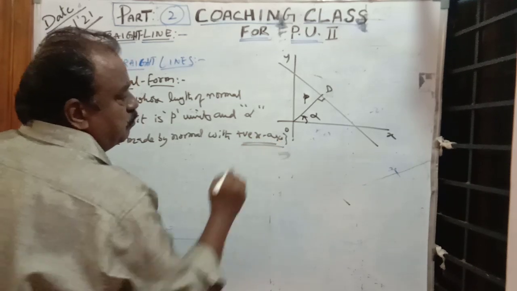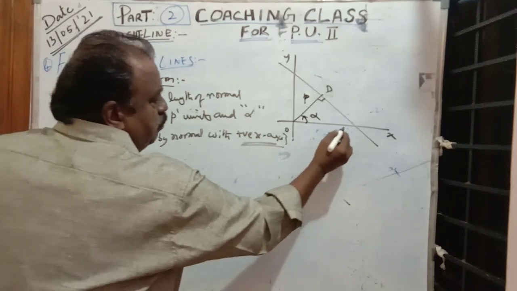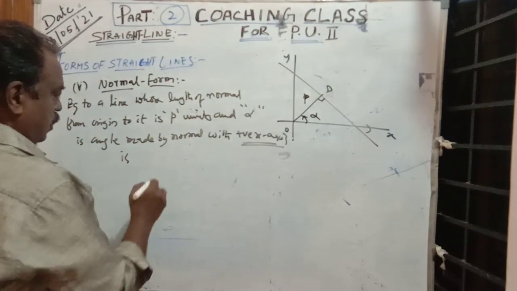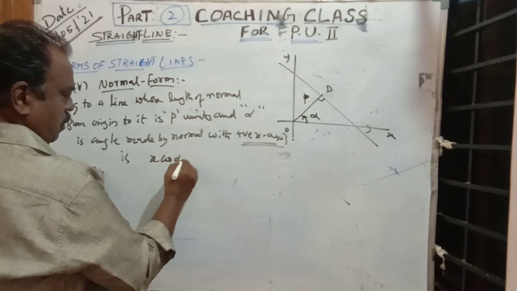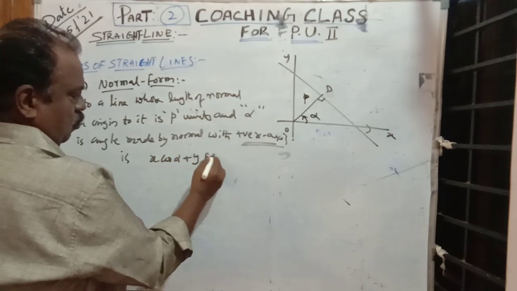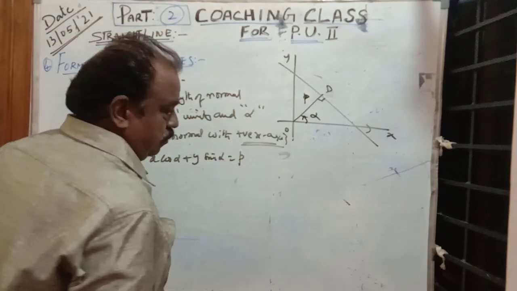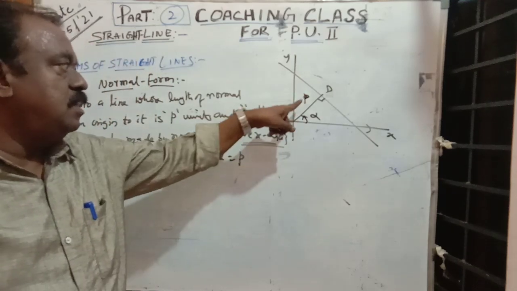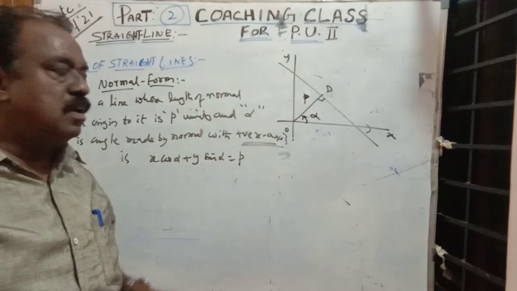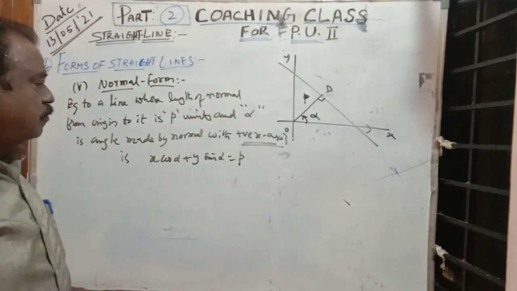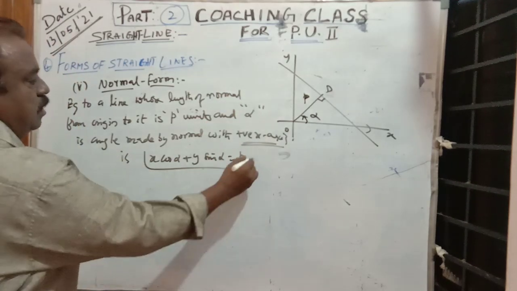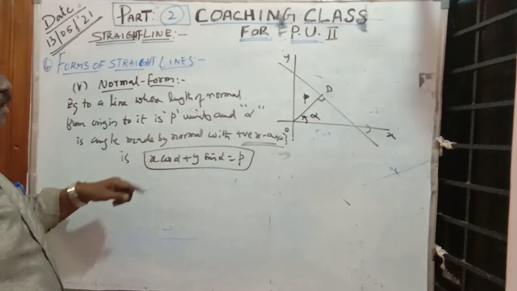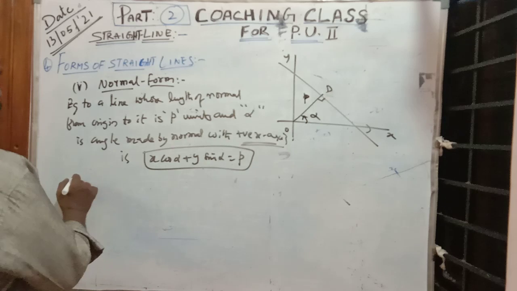This is important. With the positive x-axis, the equation is x cos alpha plus y sin alpha is equal to p. That is the formula. The perpendicular length is p units and alpha is the angle it makes. Then the equation of the straight line is x cos alpha plus y sin alpha is equal to p.